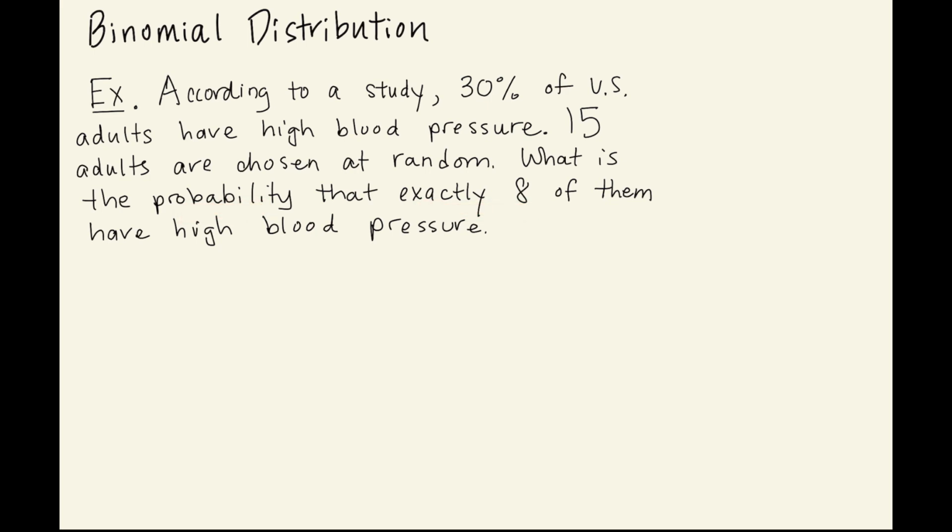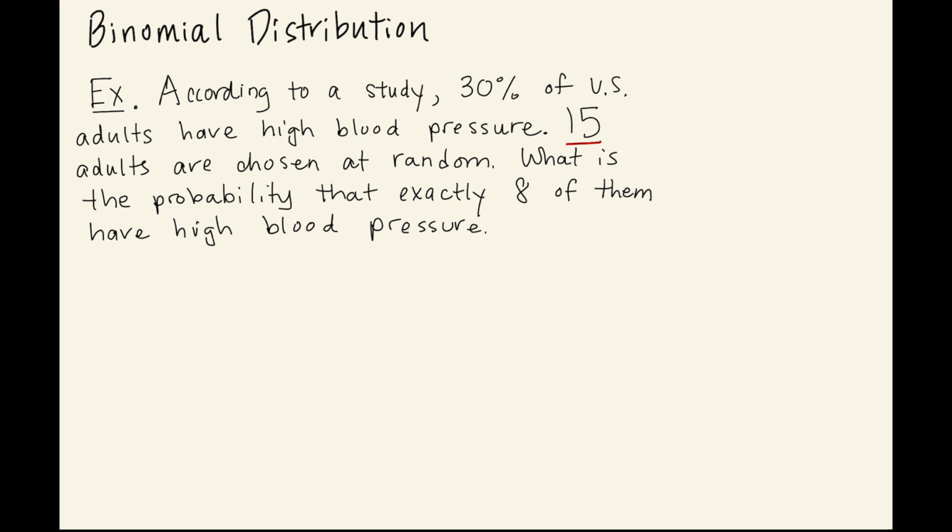So first, let's just take a quick look and notice that this does give us a binomial distribution. So we have 15 repeated trials. So there's a fixed number of trials, that's 15. They are repeated, okay? Each trial can result in success or failure.